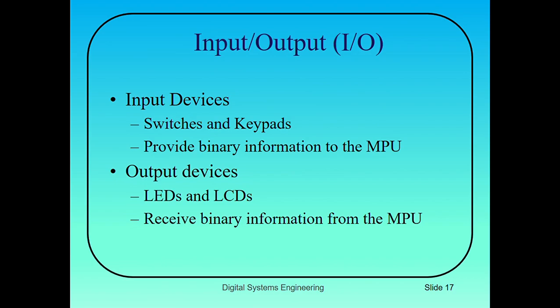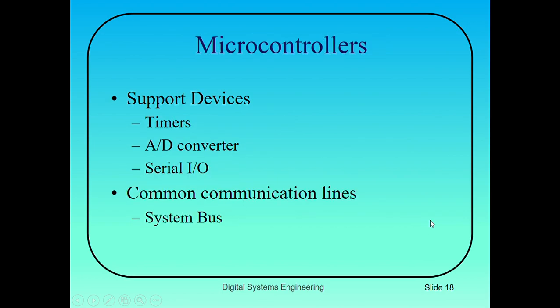The input output ports may include input devices like switches and keypads, which provide binary information to the microprocessing unit. Similarly, the output devices may include LEDs and LCDs, which receive binary information from the microprocessor.